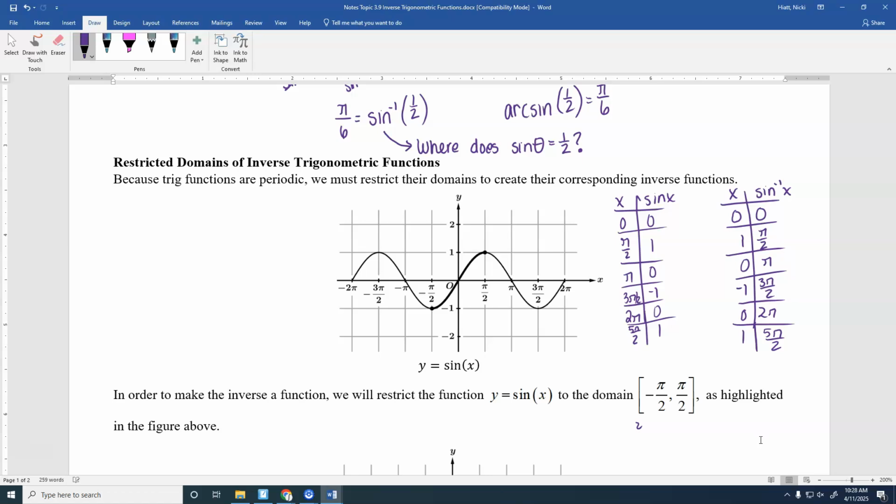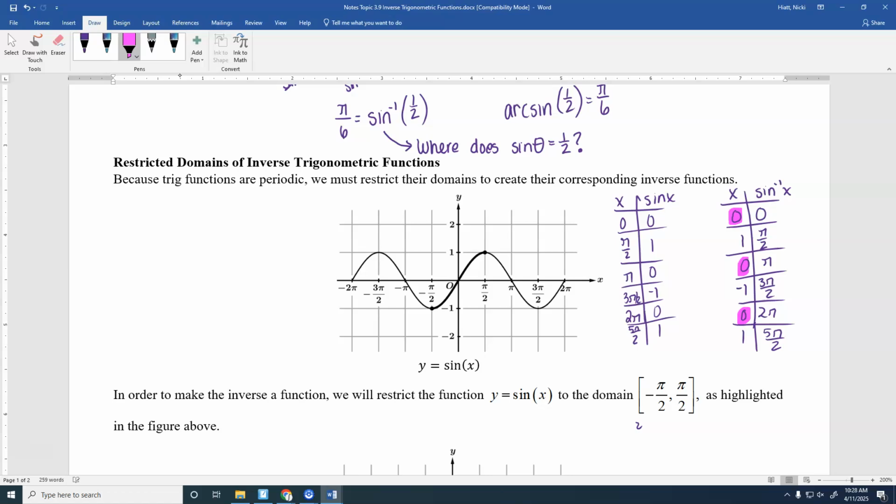Okay. Now, is that new table a function? For a function, each x can only have one y. But right here, when my x is 0, I've got 3 different places where x is 0. Do I have the same y every time for that? I do not. I've got different y's.